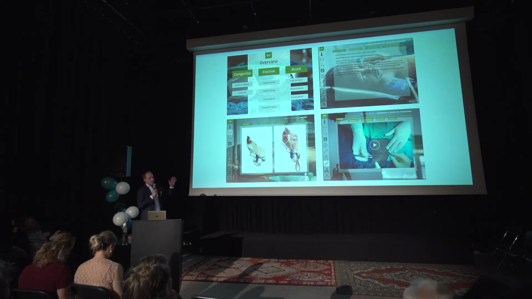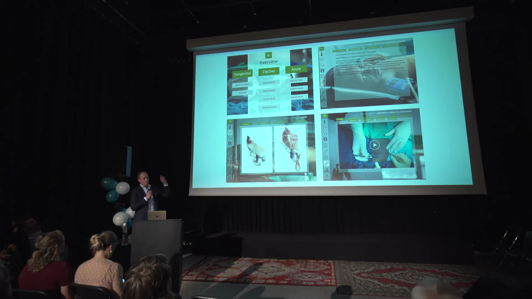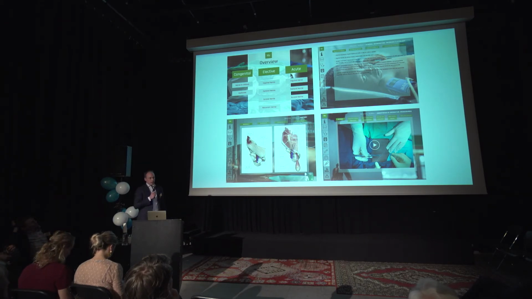So you have a direct overview where you can have your congenital, elective, and acute problems. You directly tap on it, you go to your next page, and then you see a horizontal bar and a vertical bar. If you look at the vertical bar, there are different symbols, and they correspond to different stages, for example, general information, anatomy, anamnesis, physical examination, differential diagnosis.